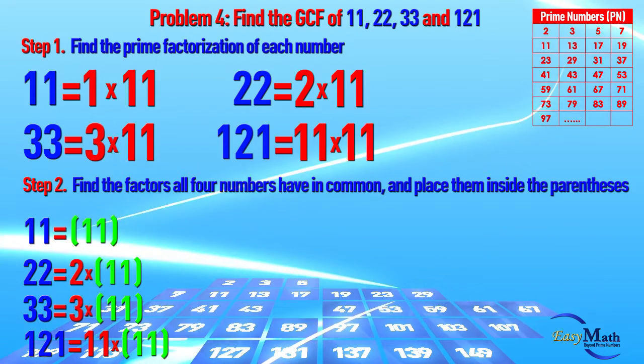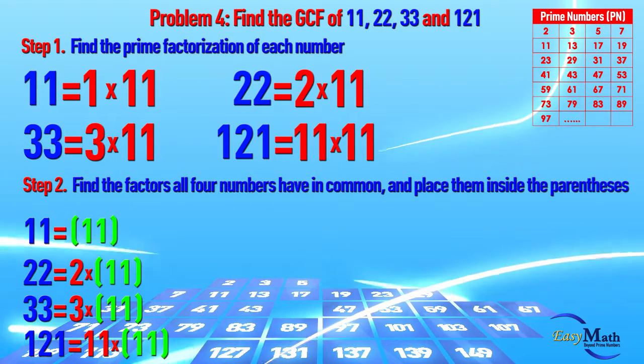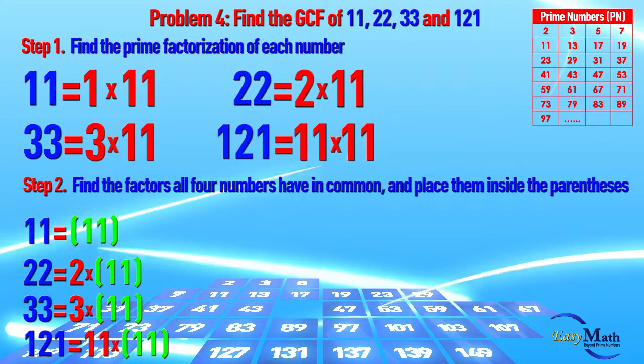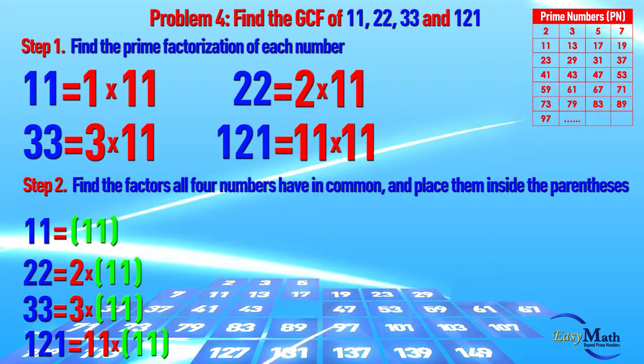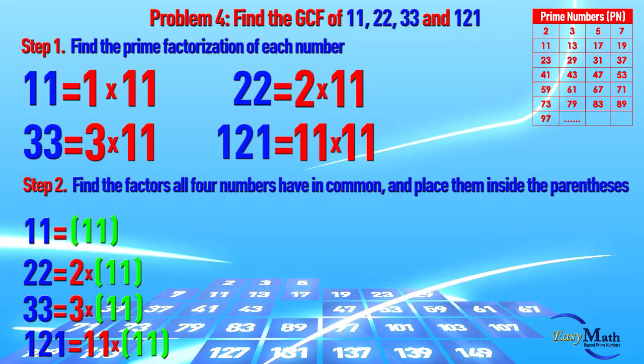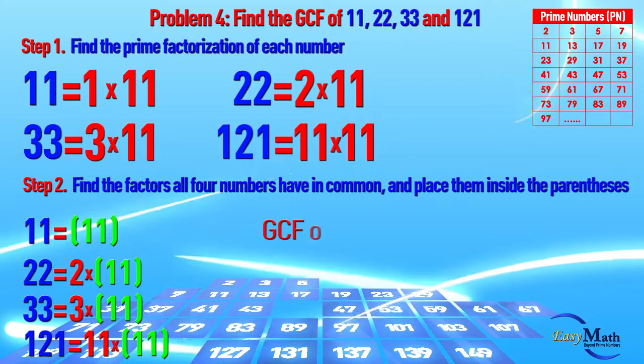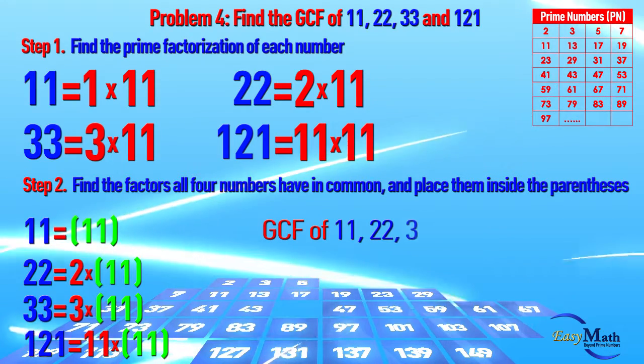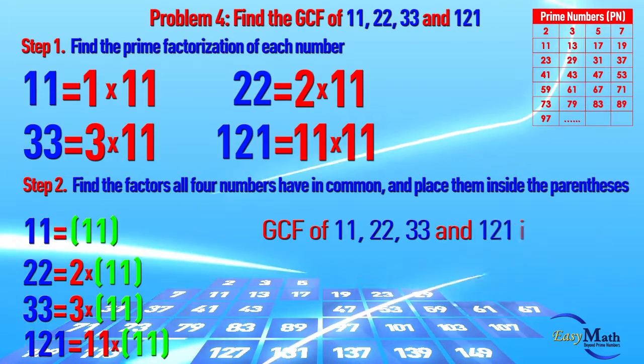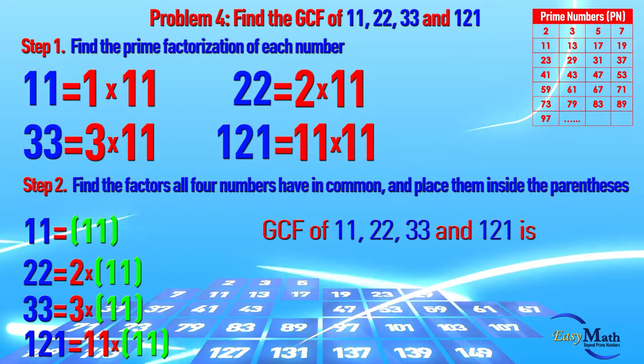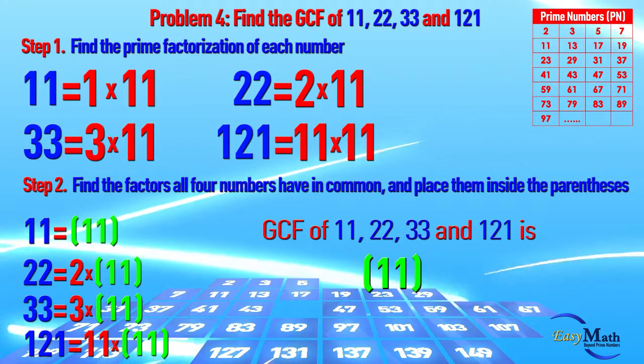Since these four numbers have just one common factor, 11, this number is also the greatest common factor. Thus, the greatest common factor, GCF, of 11, 22, 33, and 121 is 11.